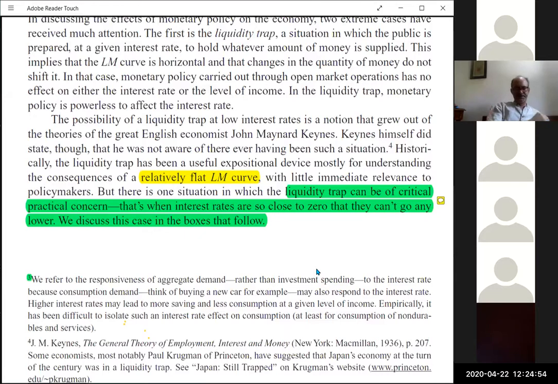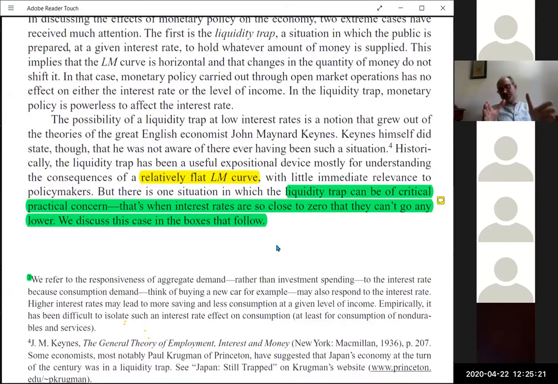Because what is said here, and I'll read it: Historically, the liquidity trap has been a useful expositional device, mostly for understanding the consequence of a relatively flat LM curve. So the LM curve is flat, so even if you increase the money supply, that really does not lead to an increase in output. You can draw it and see, with little immediate relevance to policymakers.